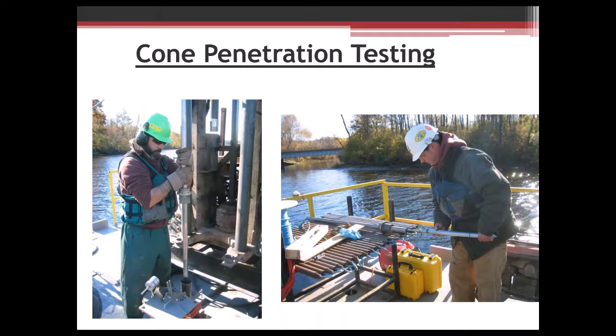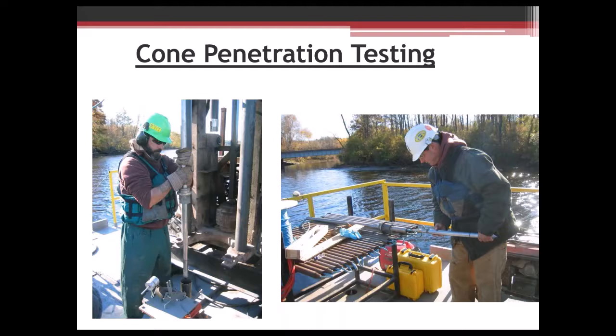Here's some pictures of doing cone penetration testing on the water. This is one of our barges that we have. The picture on the left is where we're just getting ready to put the cone down through the casing. When we do CPT on the water, we are always going to have a casing that goes from the barge deck into the mud line.